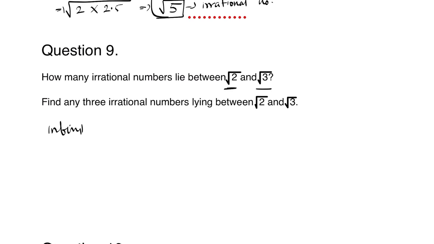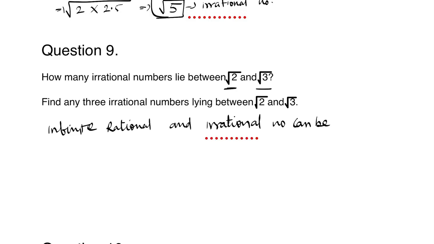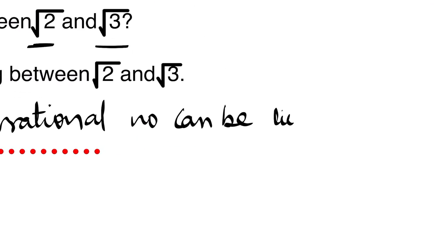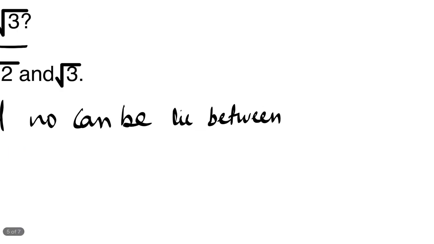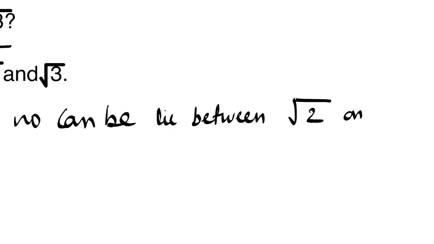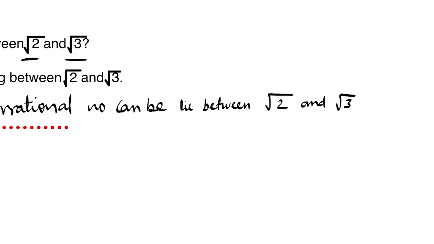Okay, infinite rational numbers and also irrational numbers can lie between root 2 and root 3.